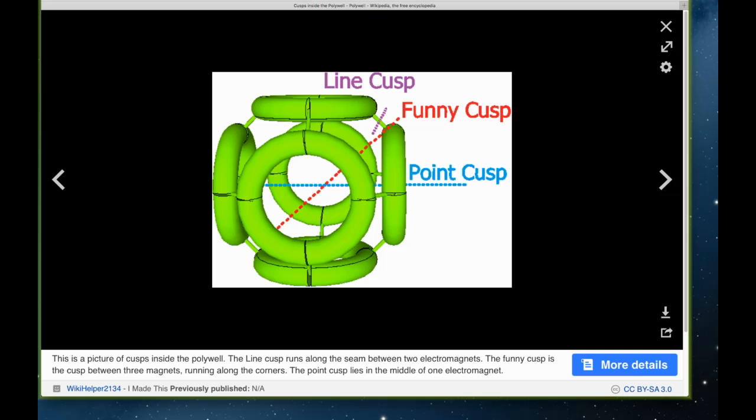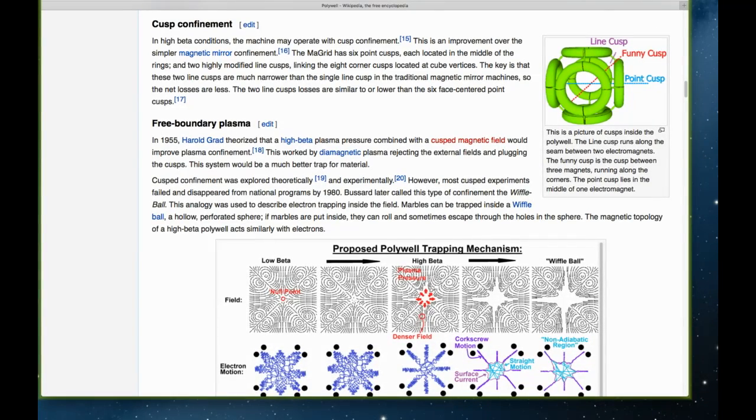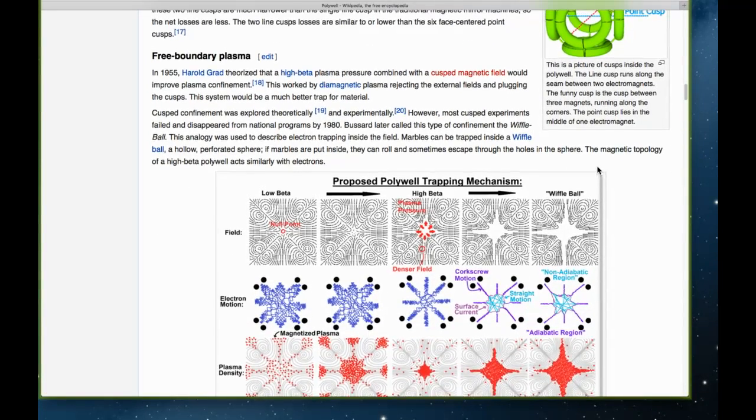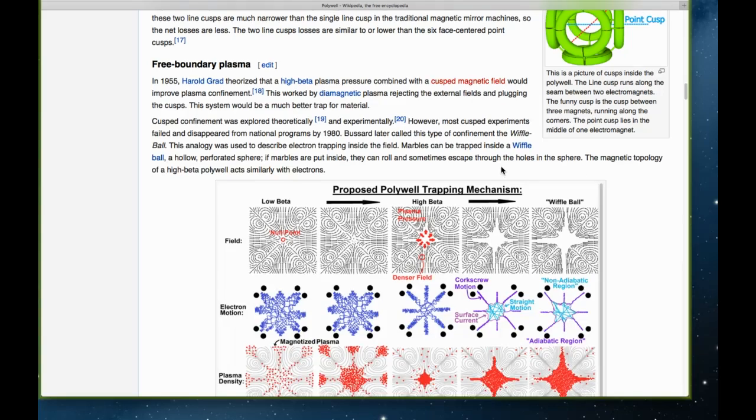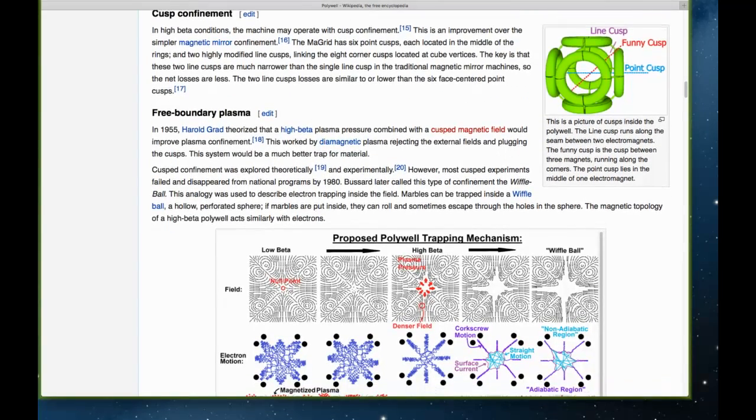The line cusp is just a straight one between the electromagnets, and the point cusp runs through. Let's see a little more about that. They call it a free boundary plasma, interesting enough, and it's a mag grid. So it's a diamagnetic plasma. It rejects the external fields.